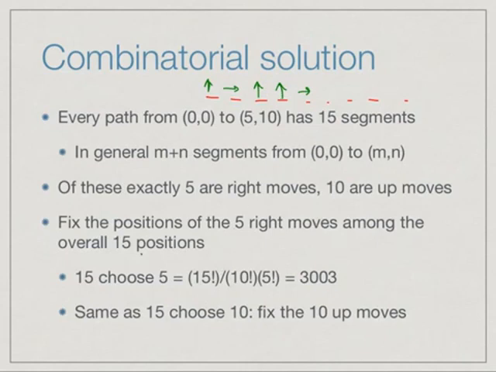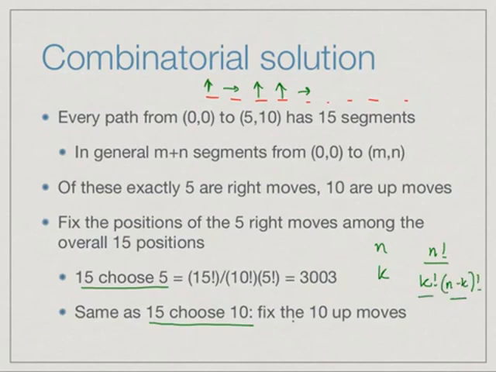Right? So it's either 15 choose 5, which is the way of choosing 5 positions to make the right move out of the 15, and it turns out that 15 choose 5 is the same as 15 choose 10, because we could also fix the 10 up moves. If you know the definitions, n choose k is n factorial upon k factorial times n minus k factorial. Right?